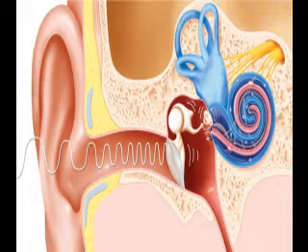A central perforation in the pars tensa will indicate the tubotympanic or relatively safe type of chronic suppurative otitis media. An attic defect is indicative of atticoantral disease, typically associated with cholesteatoma.